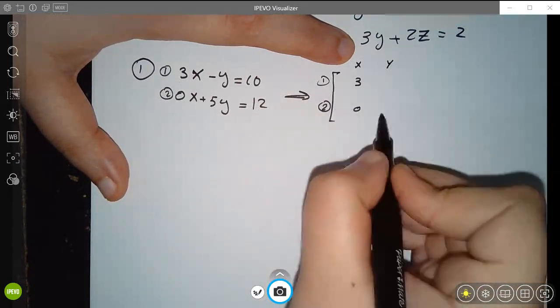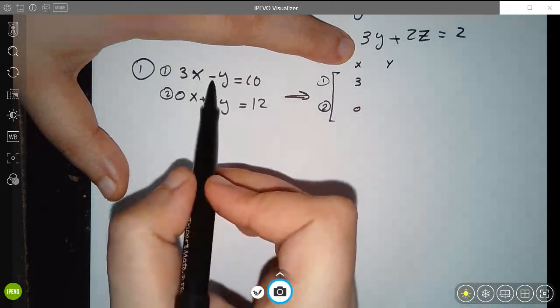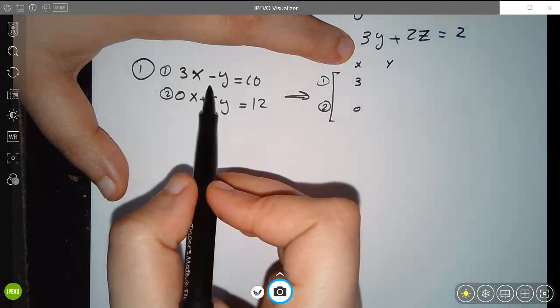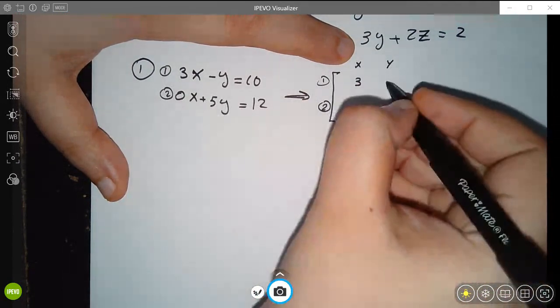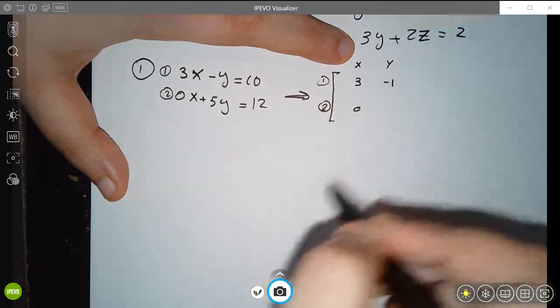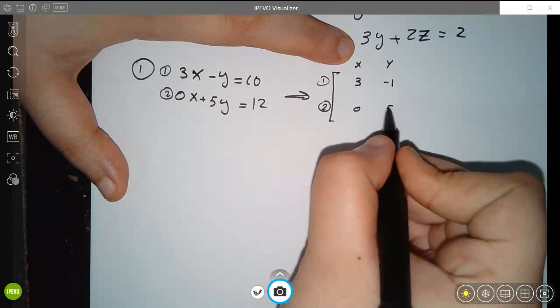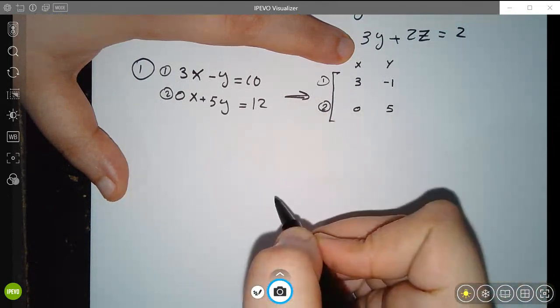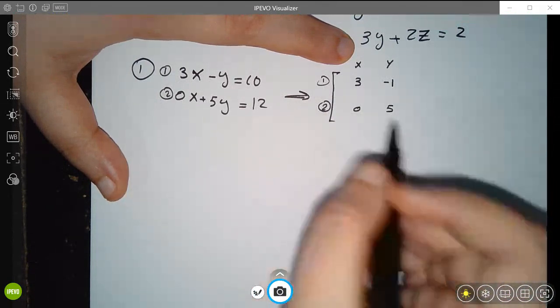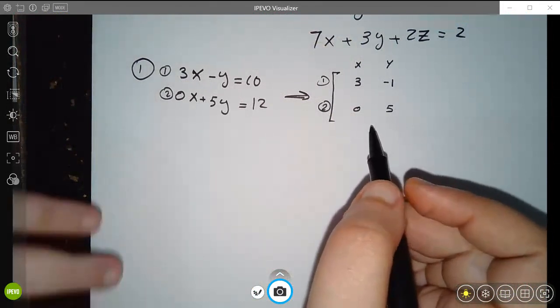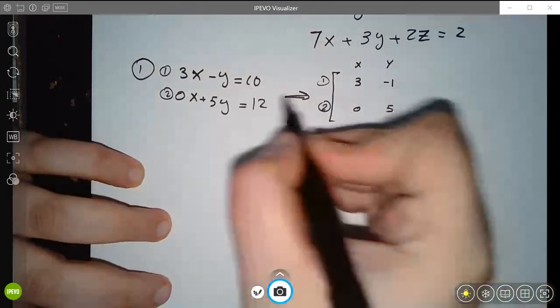Now, for the y column, you're going to have a -1. See that? Since it's minus y, that means it's a -1. You have a -1 in the first equation row for the y, and a +5 for the second equation. Yeah? And last but not least, the answers.